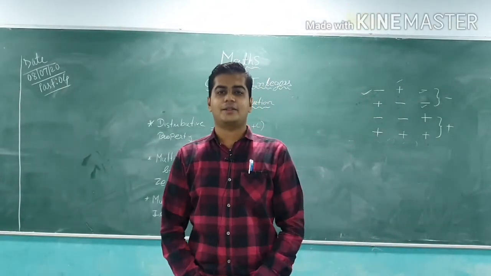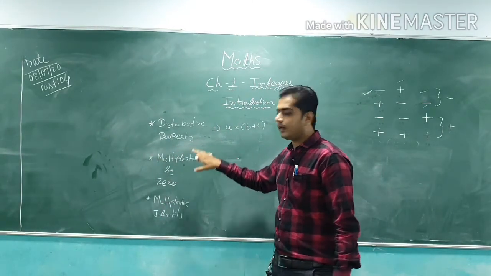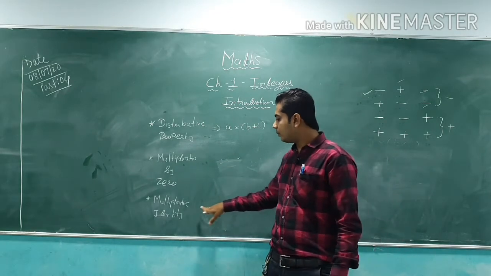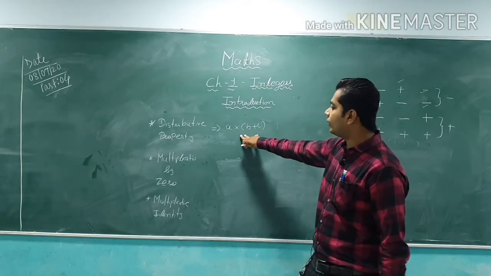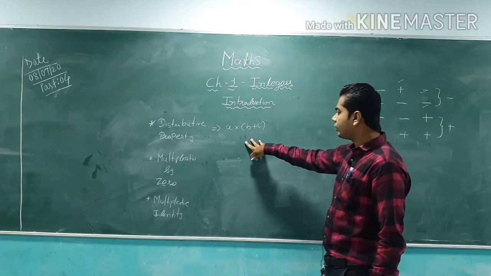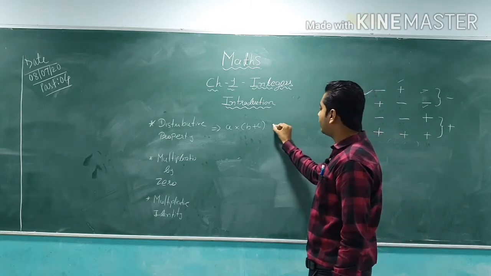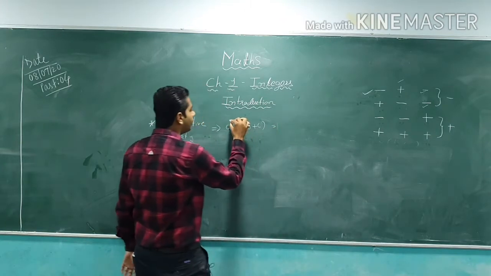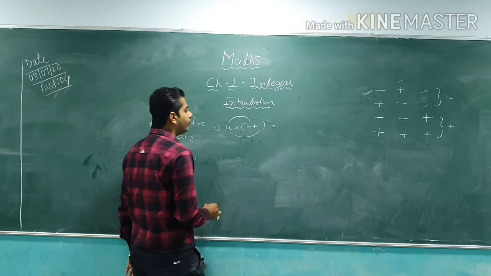Okay, so we start with new properties in multiplication: the distributive property, then multiplication by 0, and the third and last one is the multiplicative identity. So now we start with the distributive property. What is the distributive property? It says a multiply b plus c is what? You just have to multiply a with both the terms in the bracket.